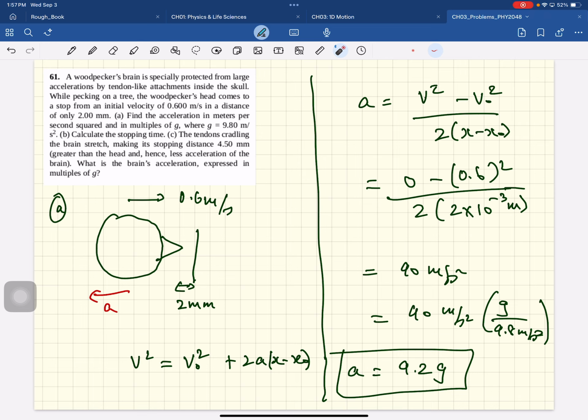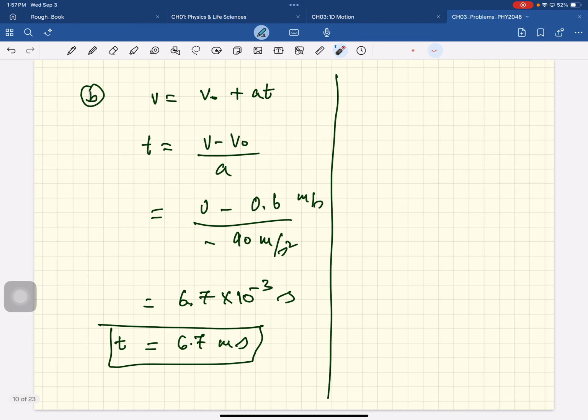So the tendons cradling the brain stretch, making its stopping distance 4.5 millimeters.